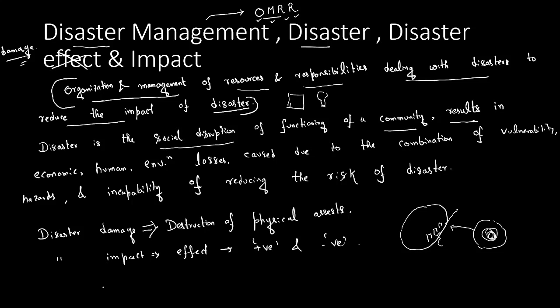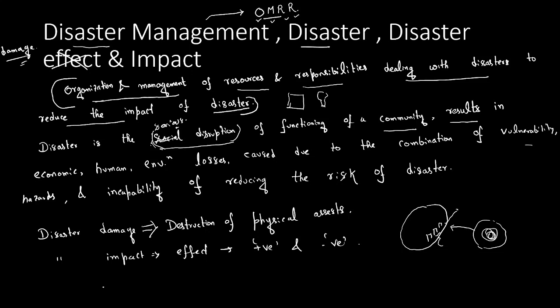Okay? It results in economic, human and environmental losses caused due to a combination of vulnerability, hazards and incapability of reducing the risk of disaster. So what is the definition of disaster? It is the disruption, social disruption. Yeah, you can write that, but in the book I think it's mentioned serious, not social.